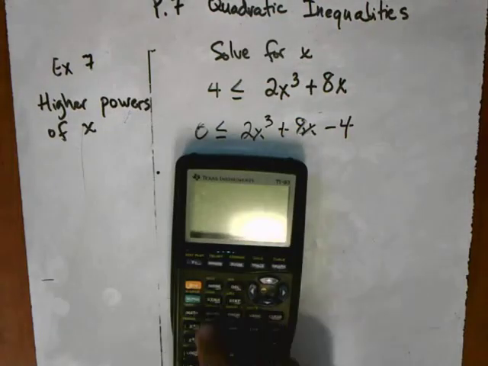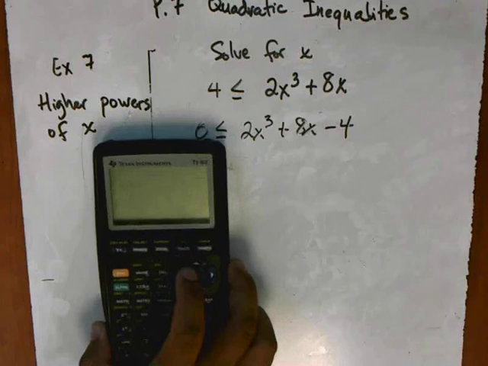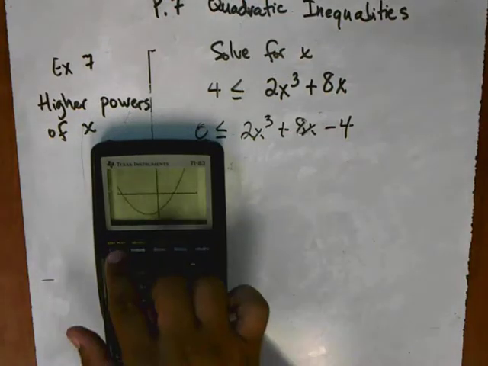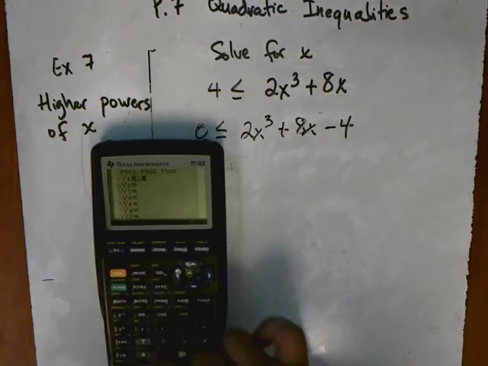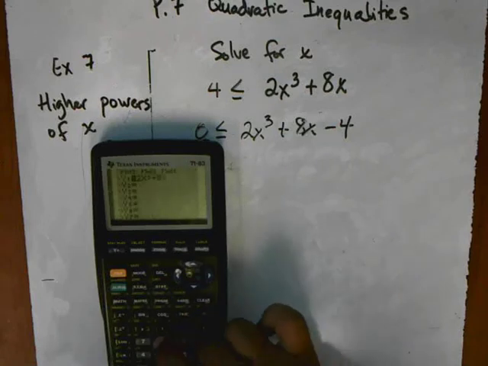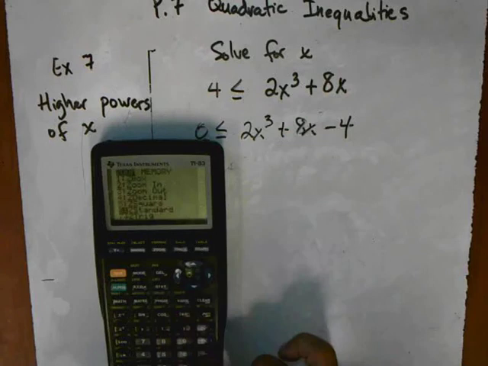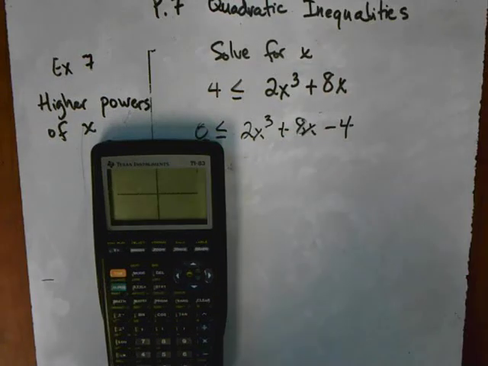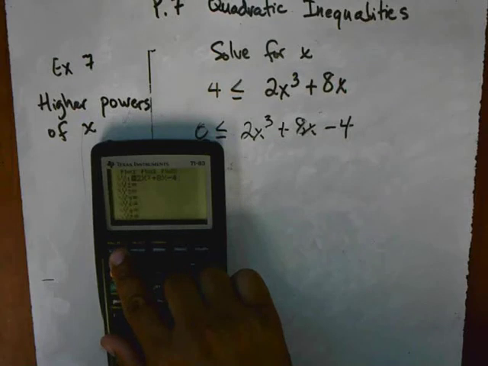So take out your graphing calculator. Okay, and we're going to type in 2x to the third plus 8x minus 4. I'm going to go with the standard window here. Take a look. Let's see, did I mess up?